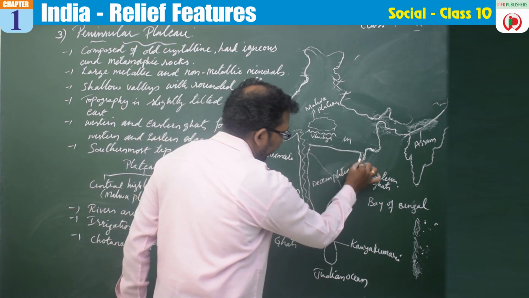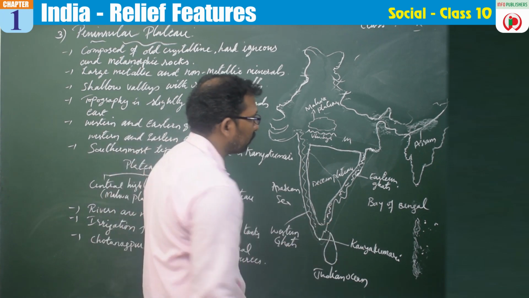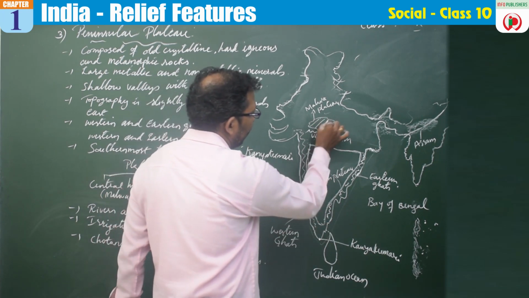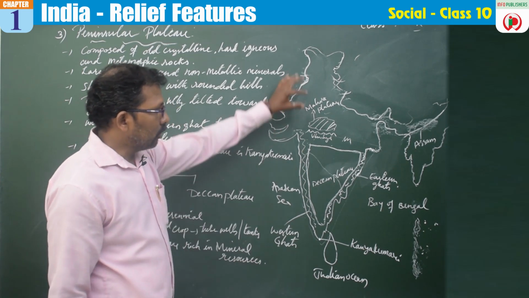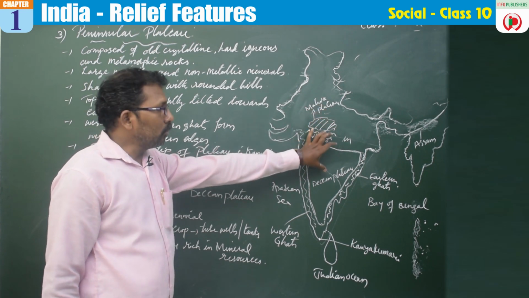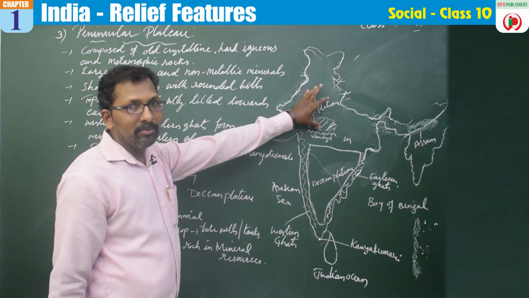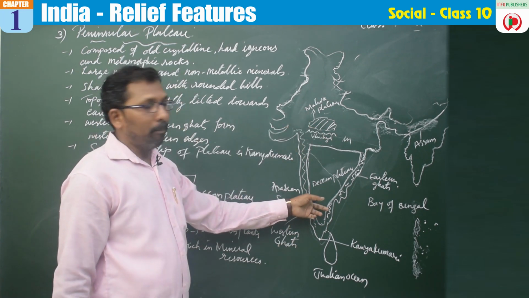And here is the Malwa Plateau. So this Peninsular Plateau is divided into two divisions: one is the Malwa Plateau, which is also called the Central Highlands, and the other is the Deccan Plateau.